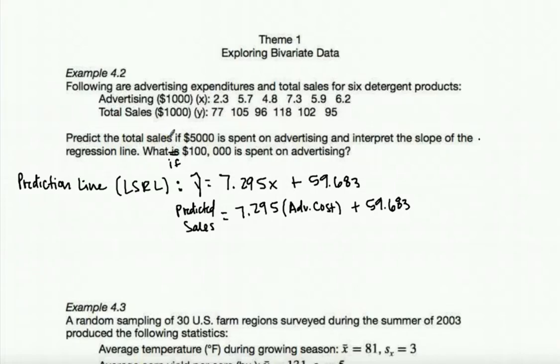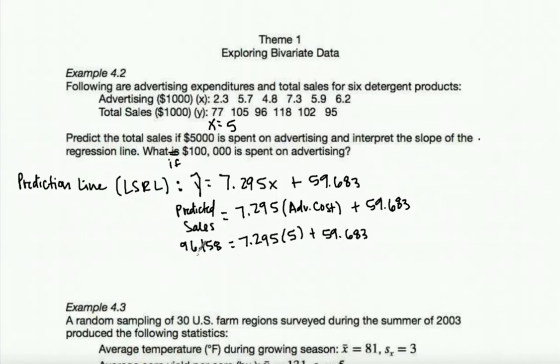Okay, so if we're spending $5,000, then our x, because our x is in thousands, would be 5. So to find out what our predicted sales are, we would say 7.295 times 5 plus 59.683. When we do that, we find out that our predicted sales would be 96.158.